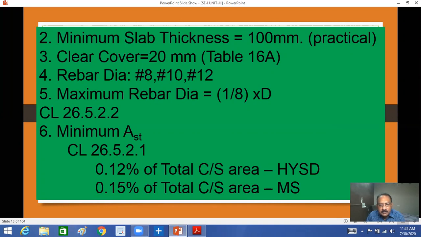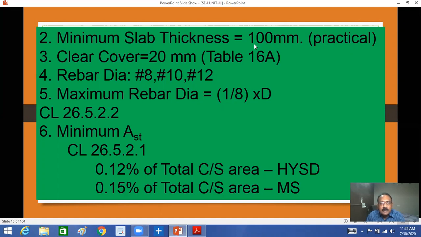Depending upon the span ratio, as we observed, for simply supported, cantilever and continuous, that is cantilever 7, simply supported 20, and continuous 26, multiplied by the KT factor.